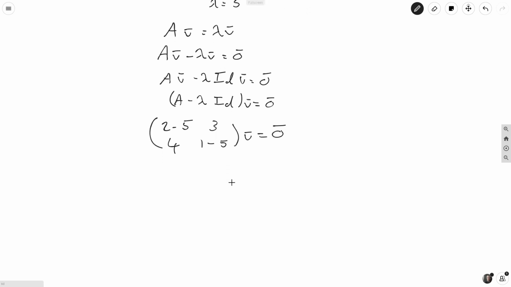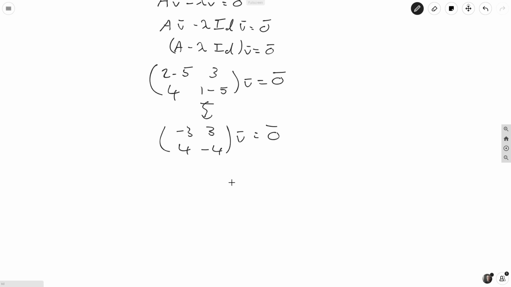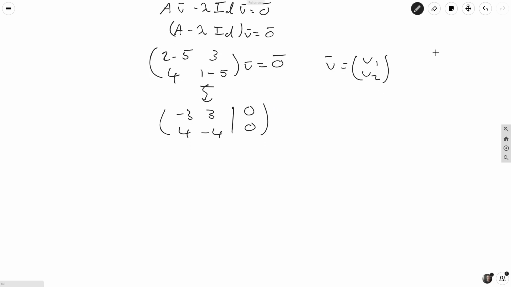Turning this into an augmented matrix equation, in the case lambda is equal to 5, of course, we get minus 3, 3, 4, minus 4 applied to v bar is equal to 0. To be consistent with how we're doing this, it should look a little more like this. I'm going to assume v bar is equal to v1, v2 for notation.